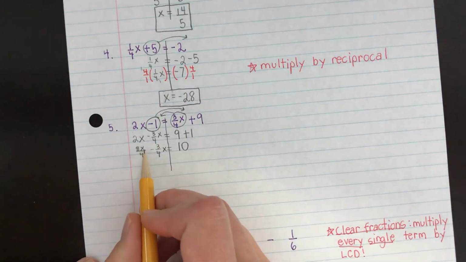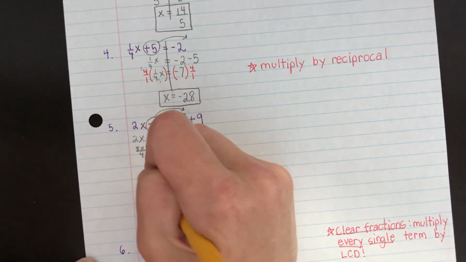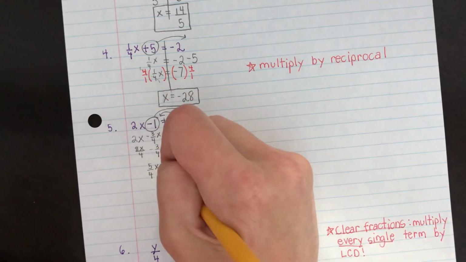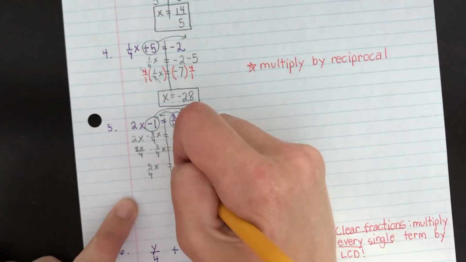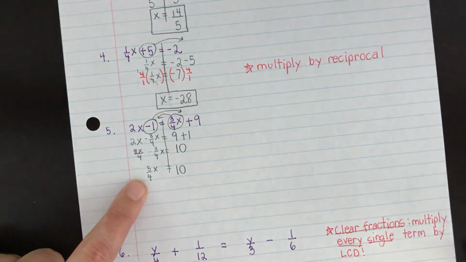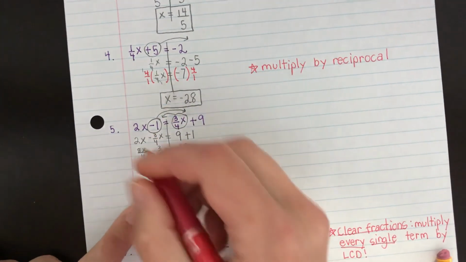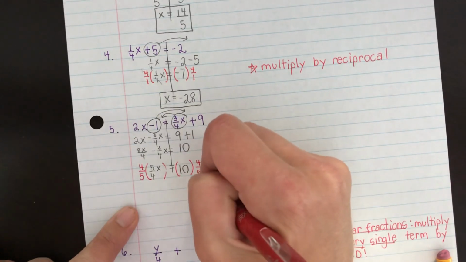Okay, and then 8 over 4 minus 3 over 4 is 5 over 4x, and you can, kind of like I did there, keep the x in the numerator, or you can put it off to the side as long as it looks like it's in the numerator, that's fine. So 5/4 x equals 10, and then you have another situation like above, where to get that x isolated, you're going to multiply by that reciprocal, so 4/5.